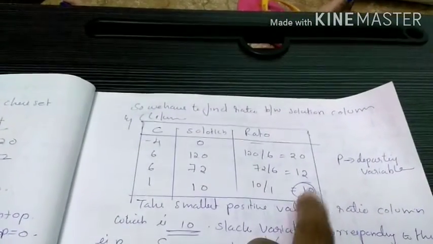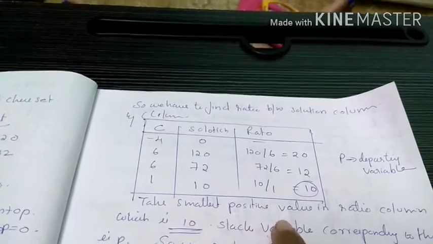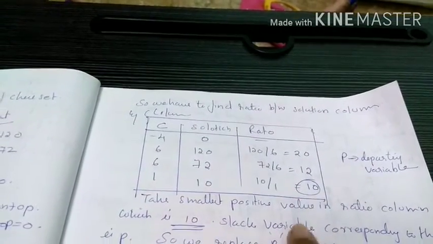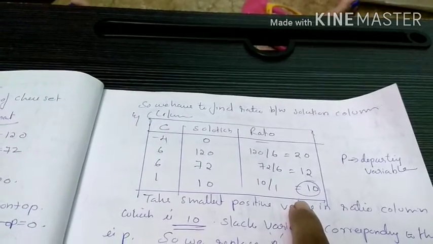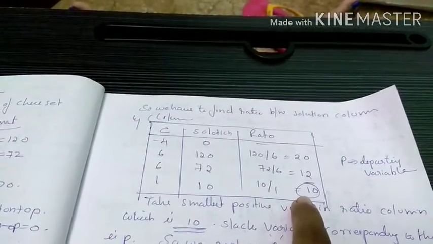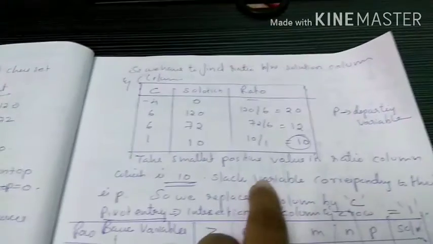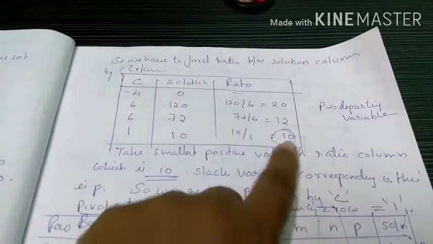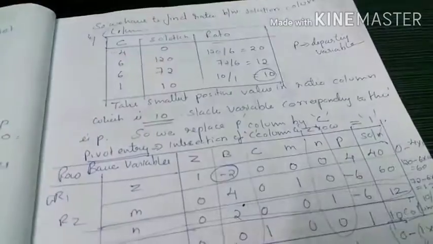The smallest positive value in the ratio column, which is 10, gives the departing variable. So here the departing variable is P, the slack variable corresponding to 10.